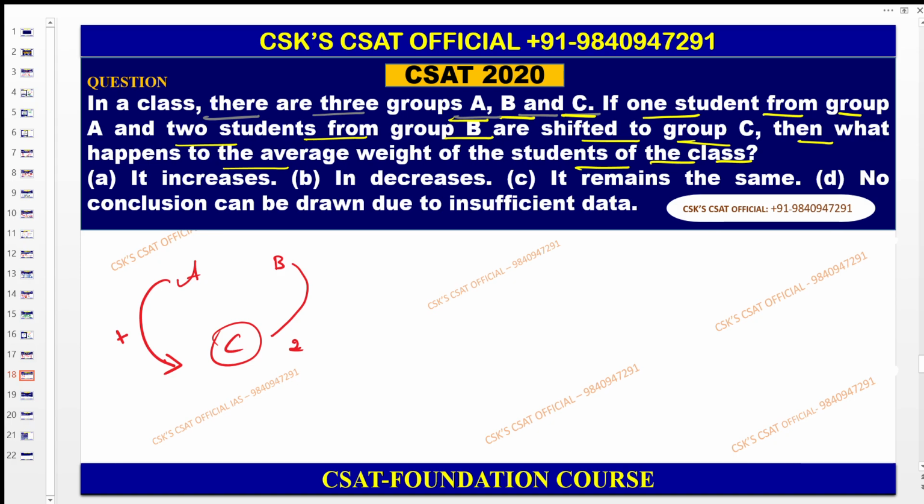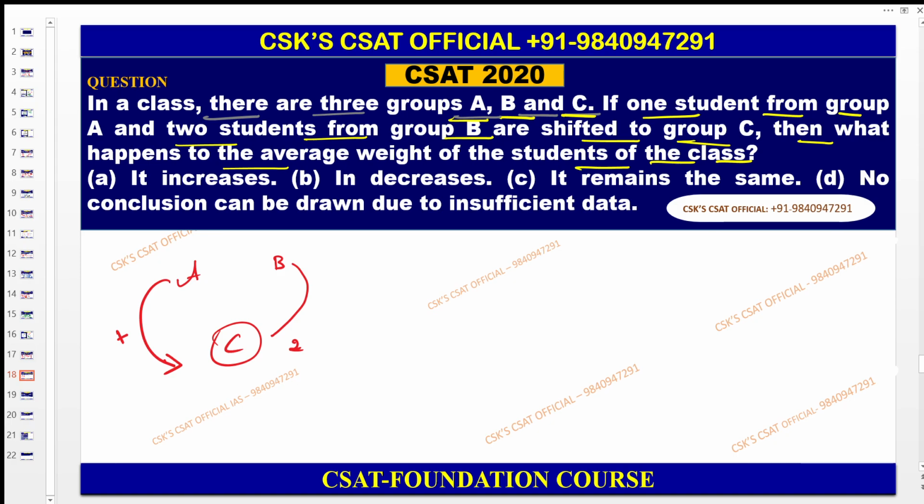Now understand one thing very clearly, that the 3 groups belong to the same class, right? First thing you need to understand here. The question is what happens to the average weight of the students? Simple. No students are removed from that class. No students are added into the class.